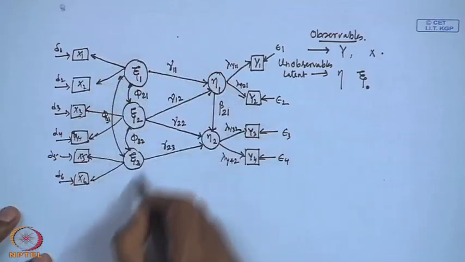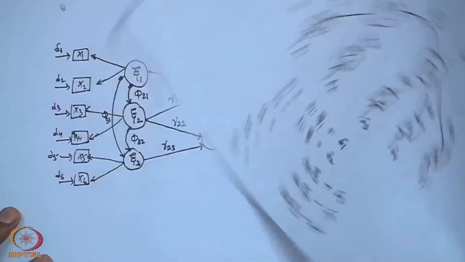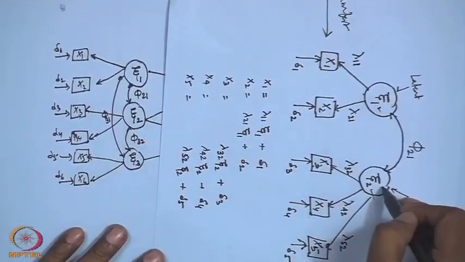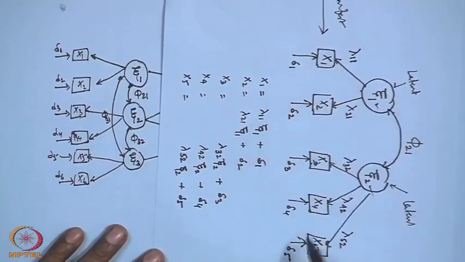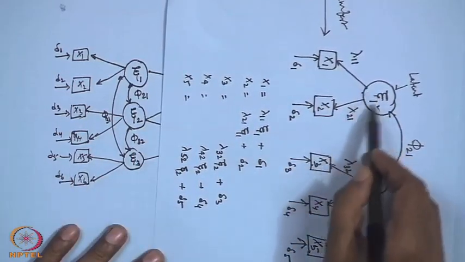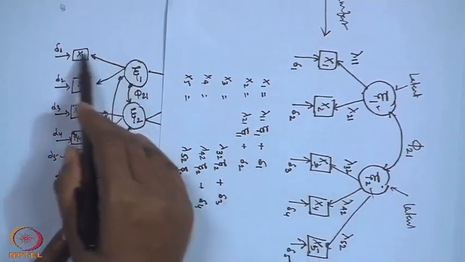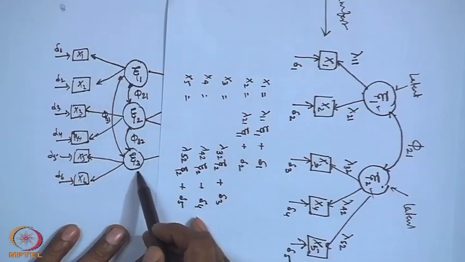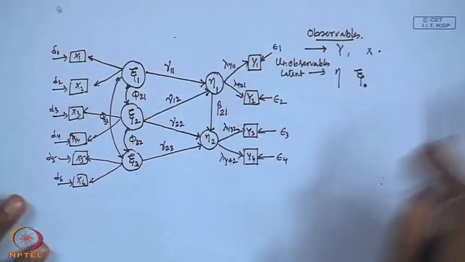Now, if you look into this side, what is there? Is there any difference between this and this? Here xi 1, xi 2, xi 3, you have taken 3 latent variables, and these are the indicators, 2 are linked with xi 1 and 3 linked with xi 2. Here there are 6 indicators, 2 each are linked with xi 1, xi 2, xi 3. So, that means this is also a factor analysis part, a confirmatory part.